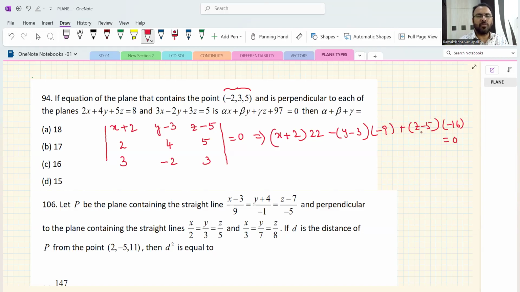Okay, they are asking what is alpha plus beta plus gamma. This implies you will get 22x plus 9y minus 16z. This is 44, right? And this is 80. So 80 plus 44 is nothing but 124. And subtract 27.